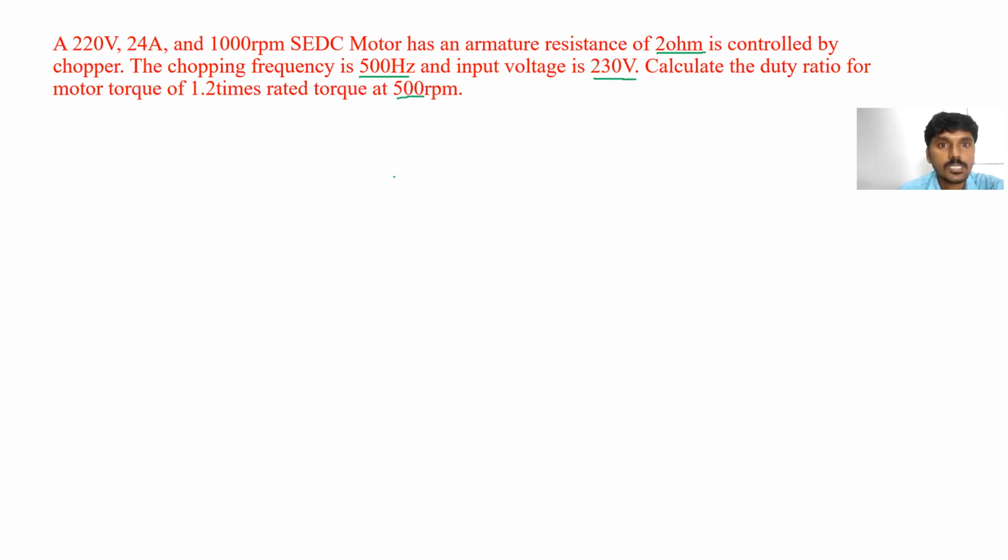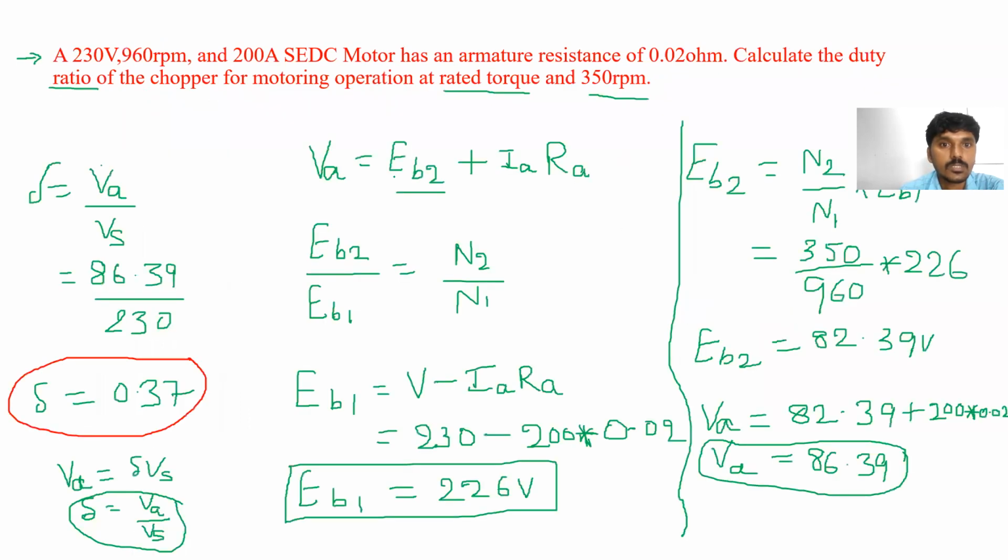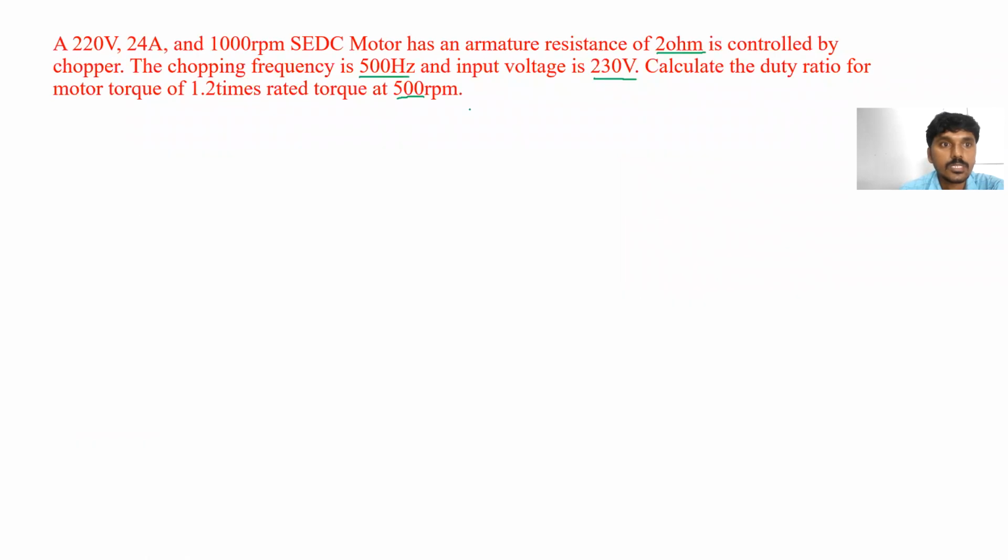Just small changes here between this numerical and the previous one. In the previous problem, we found the duty ratio at rated torque and 350 RPM.